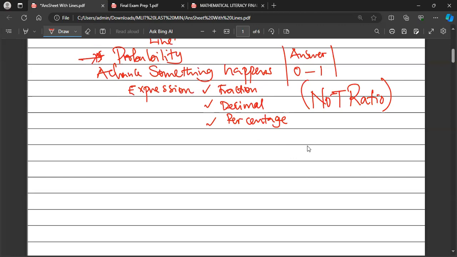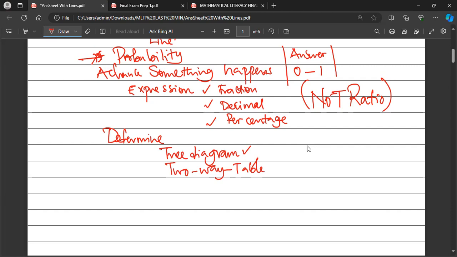Then you say, how do we determine the possible outcomes in probability? We determine possible outcomes by using a tree diagram, or we have what we call the two-way table. That's number 2.